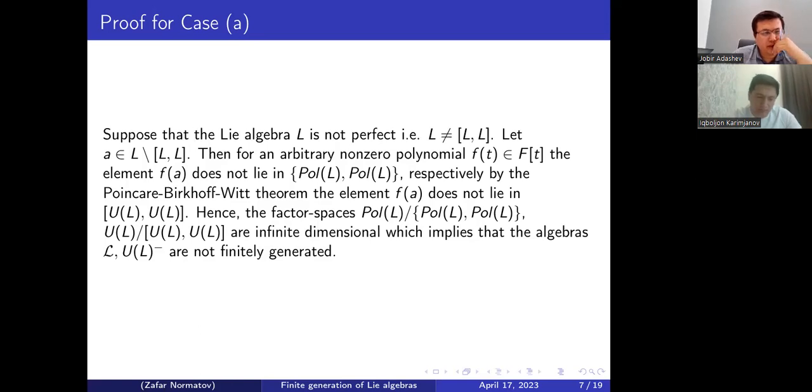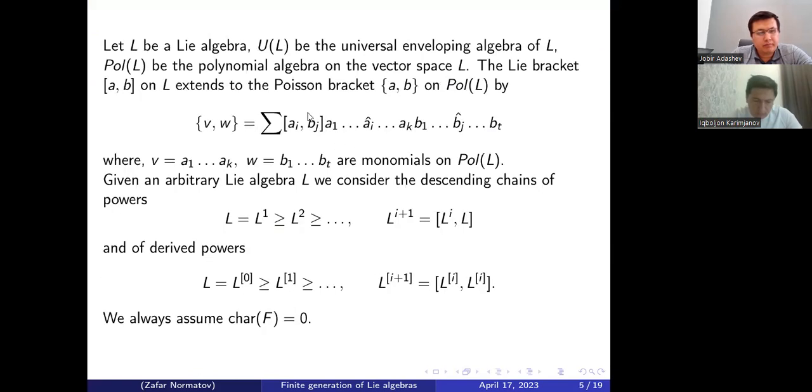Захар, почему здесь f(A) не лежит вот в этом множестве? Yeah. To understand why f(A) is not contained in this bracket, we'll look at the definition of the Poisson bracket on the polynomial algebra, right?